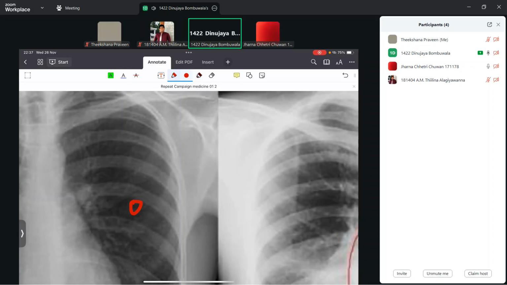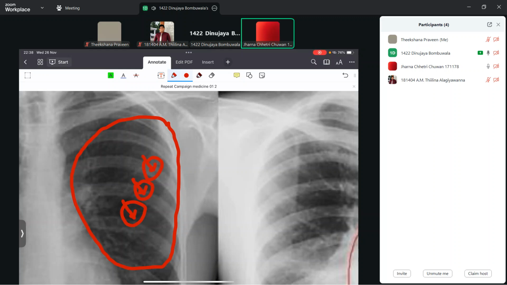So in normal lung, this black area is created by alveoli filled with air.